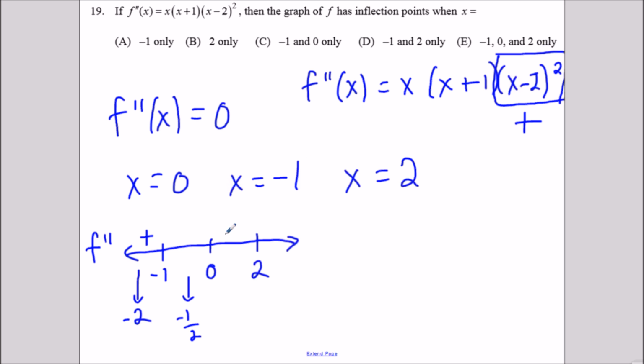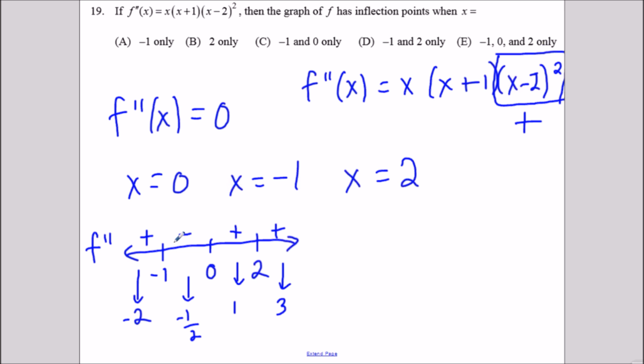And the negative times the positive is going to work out negative. Between this interval, I would plug in 1, and I'll have 1 times 1 plus 1, which is 1 times 2. That's also positive. And for the last one, and this is the sneaky one, if I plug in 3, I'm going to have 3 times 4, which is positive.